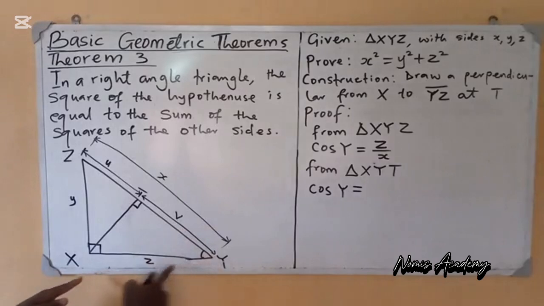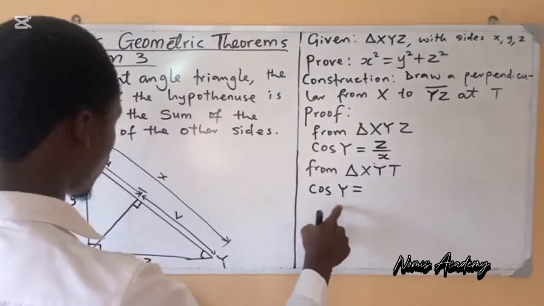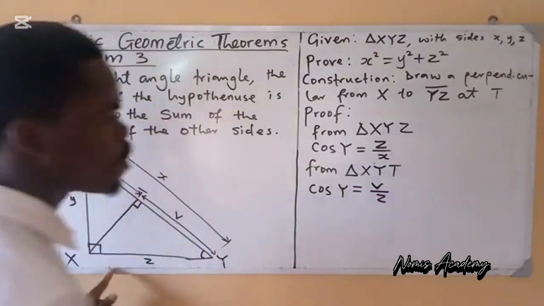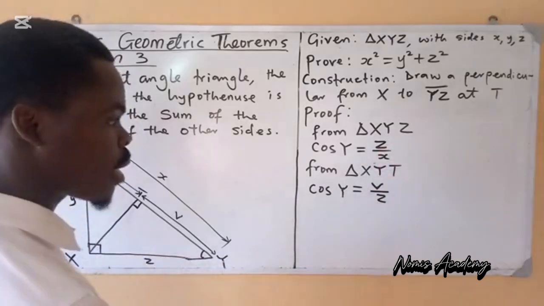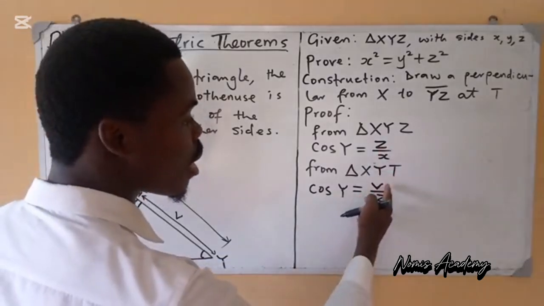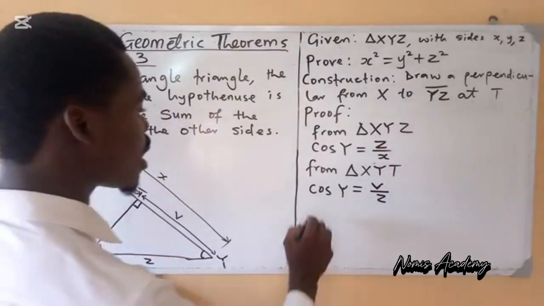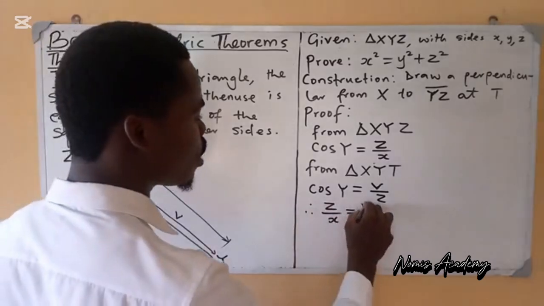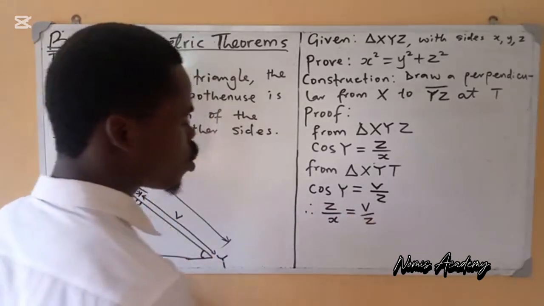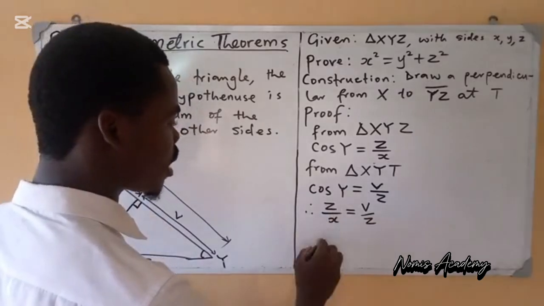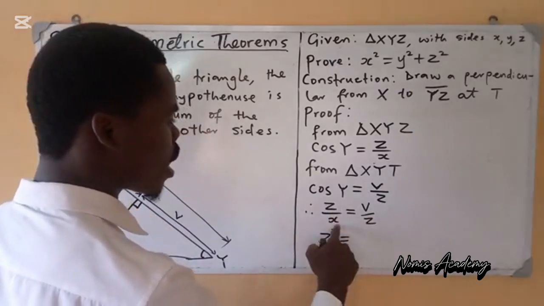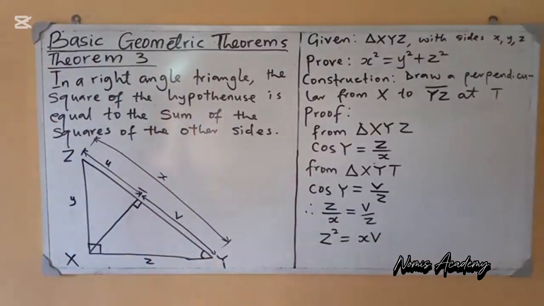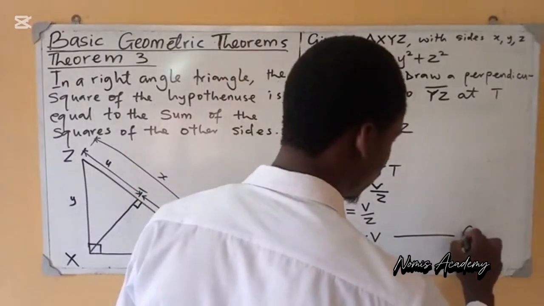This is the angle. YZ is the hypotenuse. So cos Y is equal to V over Z. So if cos Y is equal to Z over X, and cos Y again is V over Z, it means that therefore Z over X is equal to V over Z. So when you cross multiply, Z times Z is Z squared, equal to X times V is XV. Alright, so let's pick this as equation 1.